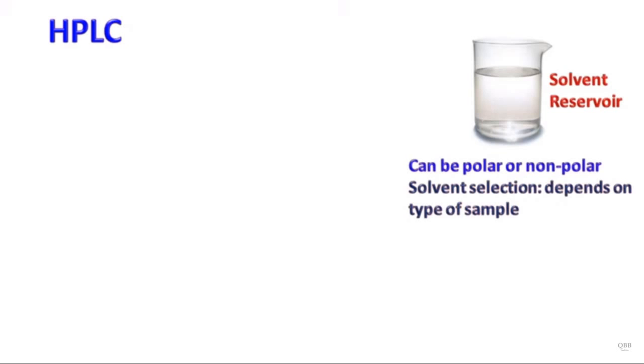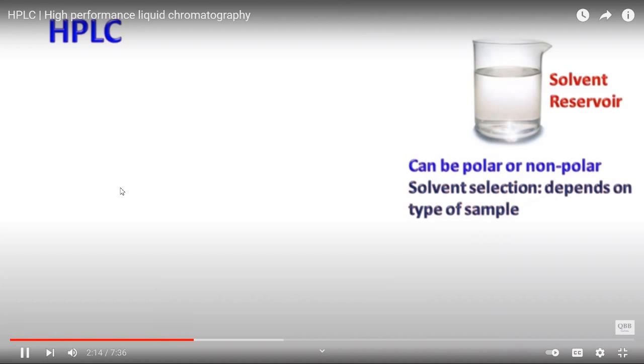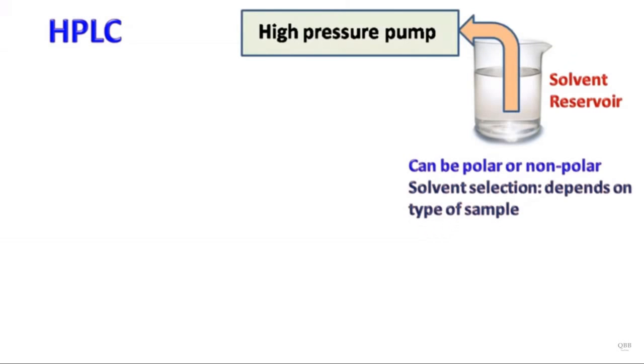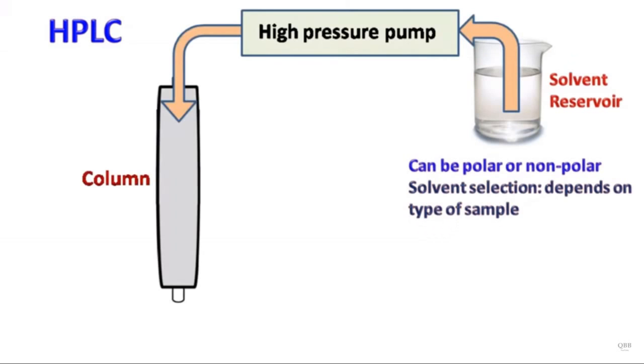The mobile phase is usually kept in the solvent reservoir. The solvent reservoir is attached with a pump which pumps the mobile phase in the column with a high pressure. Just before the HPLC column there is an injector which allows introduction of the sample in the column. The detector.